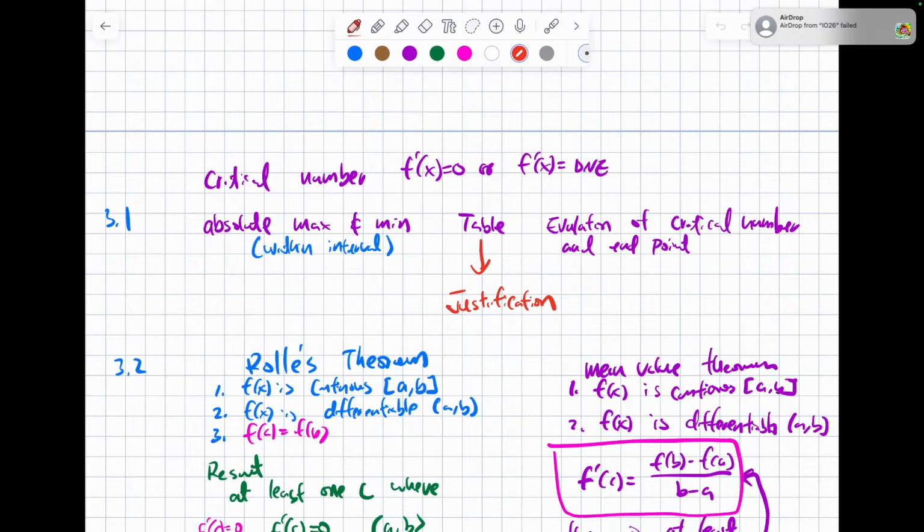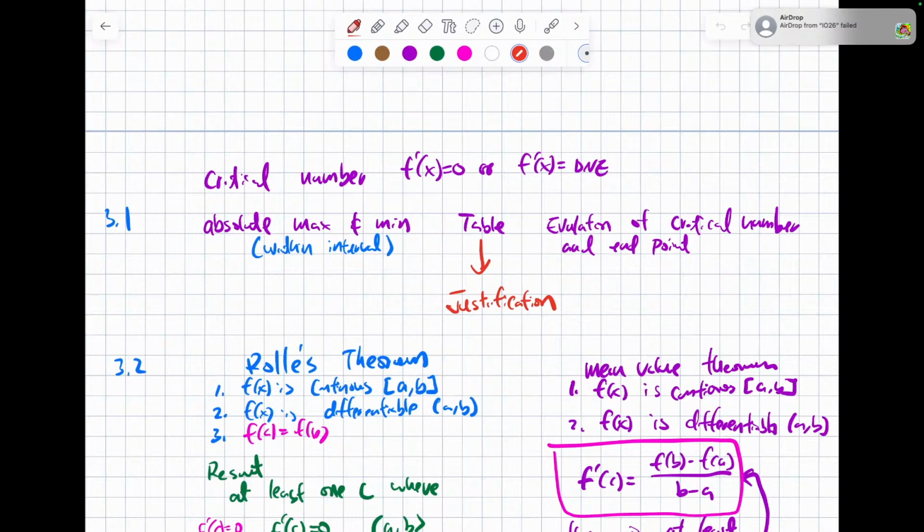And then you're going to say a relative minimum happens at x equal to 0, y equal to 0. And to justify, f prime of x changes from negative to positive at x equal to 0. And then at x equal to 8 is a relative max. Now f of 8, I think you're going to get 16.